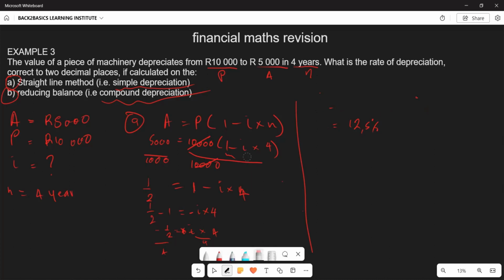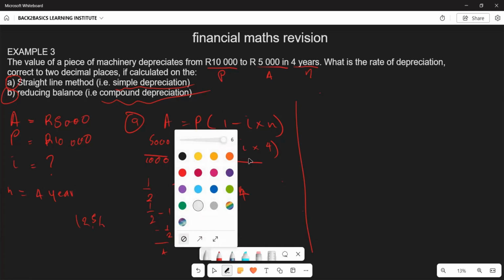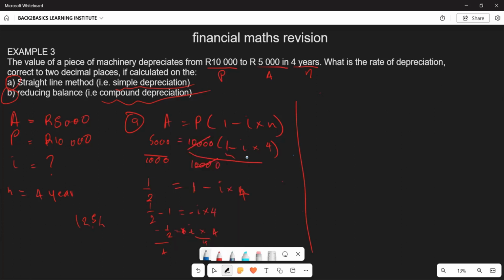Let's try and write the second part in here. Remember what we found on this side, it was 12,5%. Now let's look at this other one and see what we are going to have. Here, A is equal to P into 1 subtract I to the power of N. What we have as the accumulated value is still 5,000, into this other one, which is 10,000, 1 subtract the interest that you've received.